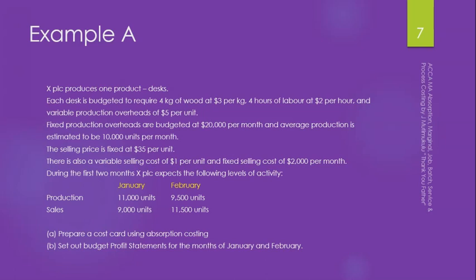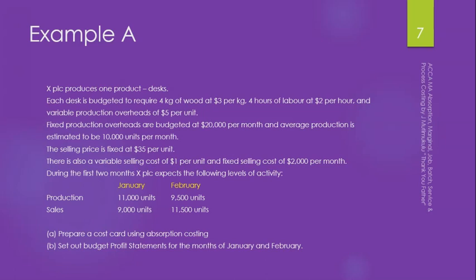Fixed production overheads are budgeted at $20,000 per month, and average production is estimated to be 10,000 units per month. The selling price is fixed at $35 per unit. There is also a variable selling cost of $1 per unit and a fixed selling cost of $2,000 per month.